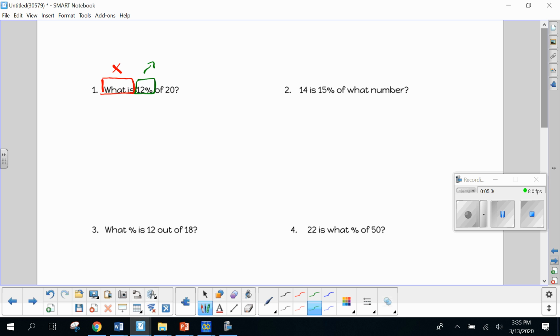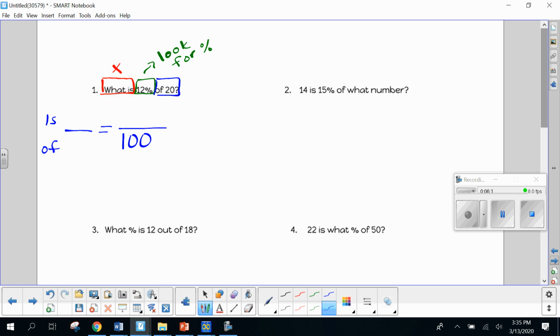So look for percent. And then the other part is going to be of 20. So let's start with our proportion. I'm going to put an equal sign. And we said that 100 is always going to be there.